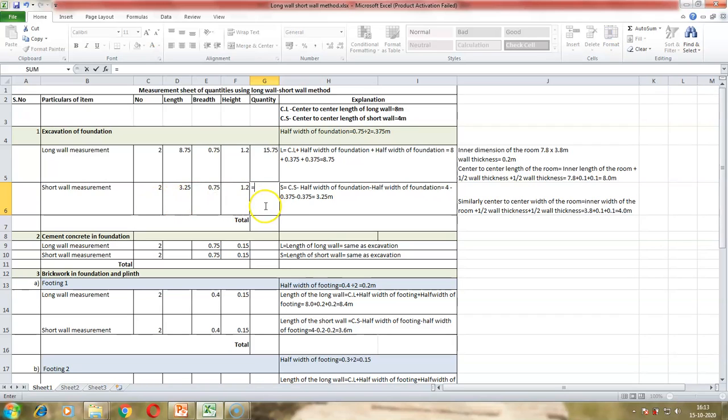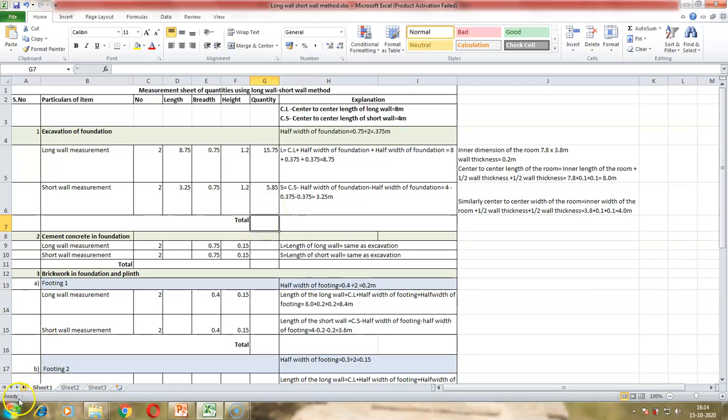It is equal to 2, that's the number of short walls. We know that there are 2 short walls. Then we multiply it by the length, then by the width of the foundation, then by the height, or the depth of the foundation, which is the same for both long wall and short wall. So we get the answer as 5.85.